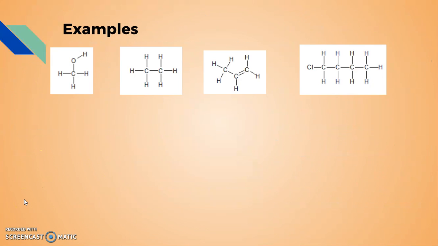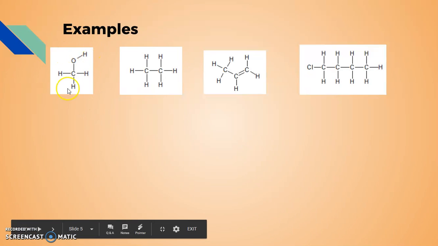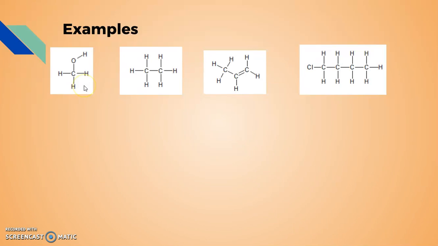Let's apply this to a few more examples. Let's apply all the knowledge we have up till now. In this first example, we start from the back and try to identify the homologous series to which this compound belongs. We see that we have an OH attached to the carbon. OH tells us that this is an alcohol.